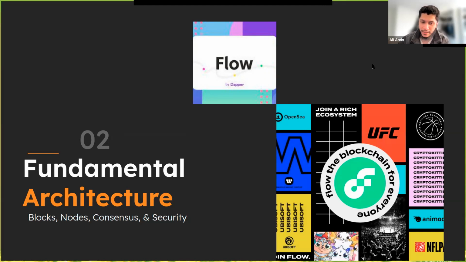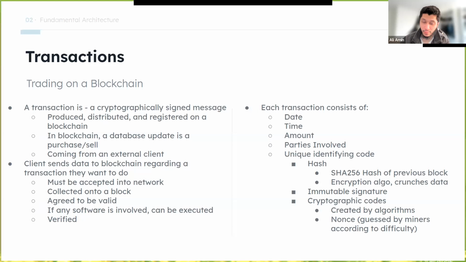So we're going to talk about blocks, nodes, consensus, networking, and security. The first thing we're going to talk about is a transaction. What does a transaction actually look like on a blockchain? A transaction on a blockchain is a ledger entry, a database entry, in the form of a cryptographically signed message.